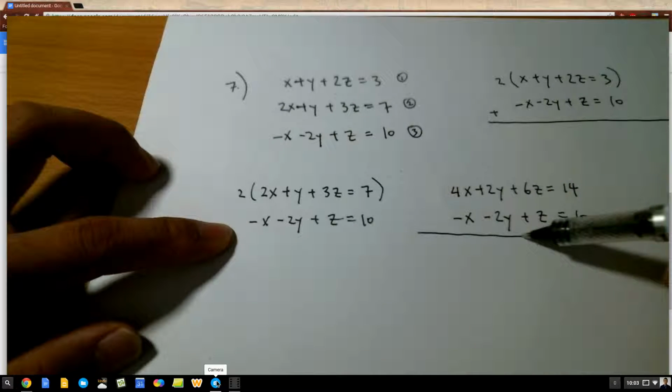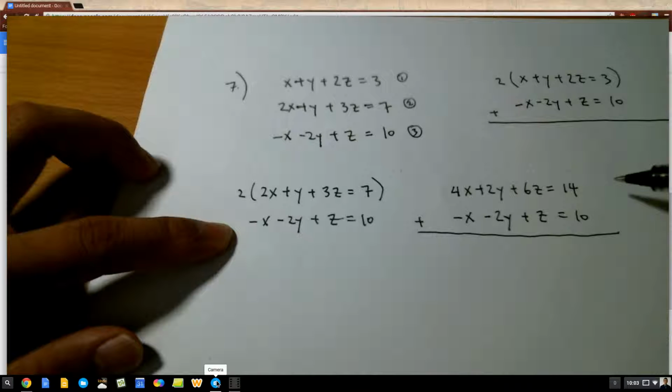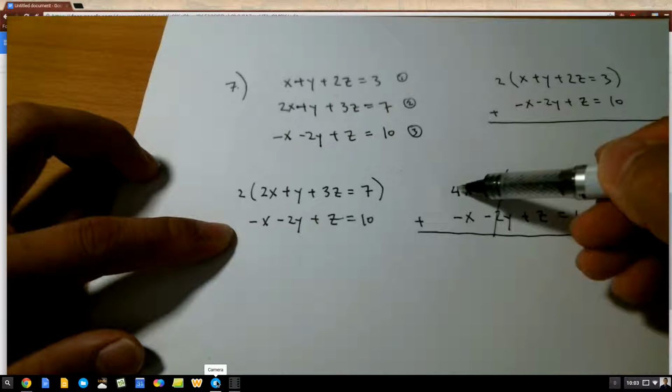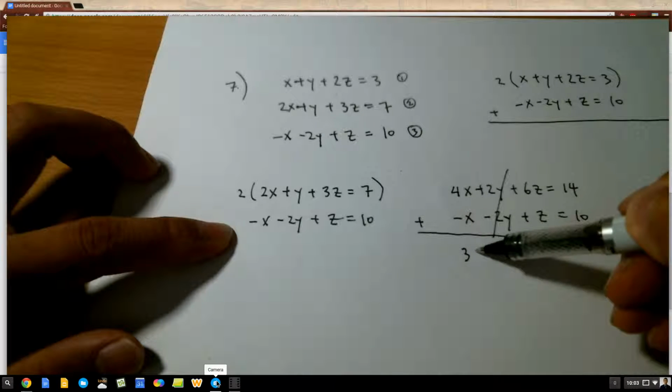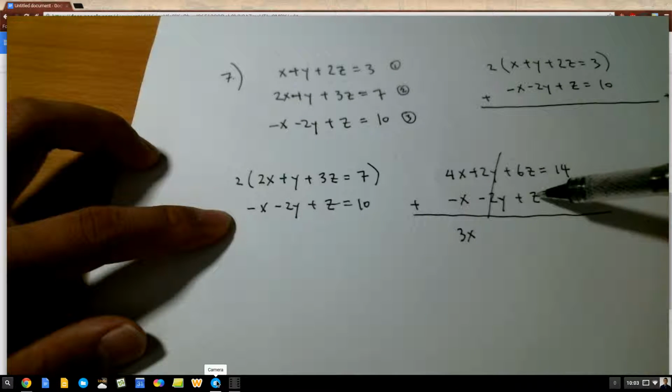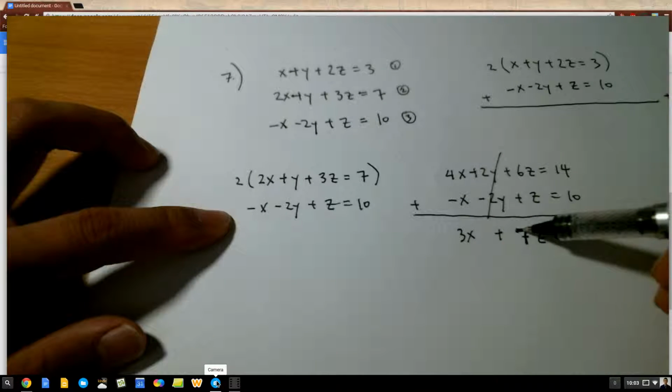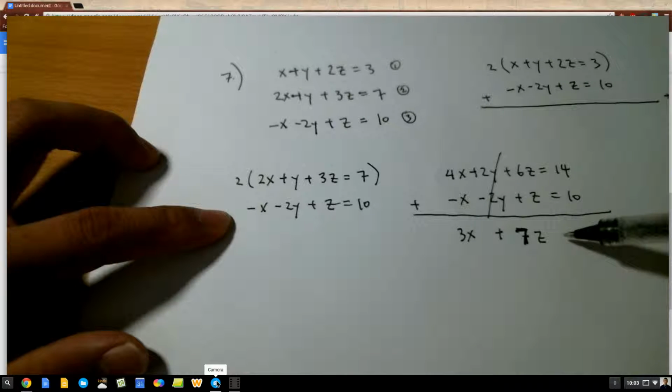And once again, I add them up, and the y's cancel. 4x minus x is 3x. 6z plus z is 7z, sorry, it should be a 7. And that's equal to 14 plus 10, which is 24.